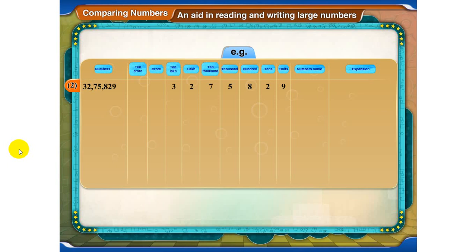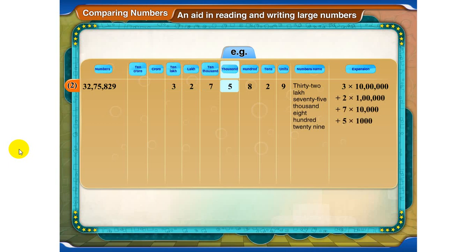Number name is 32,75,829. An expansion is 3 into 10 lakh plus 2 into 1 lakh plus 7 into 10,000 plus 5 into 1,000 plus 8 into 100 plus 2 into 10 plus 9 into 1.